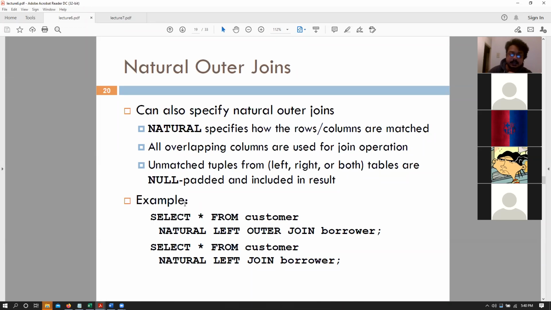We can say that something is a natural outer join or natural left outer join and things like that. So just remember that when we say outer joins, so essentially inner join, left join, right join, or full outer join, these are all cases where you are saying what to do when we have unmatched rows.